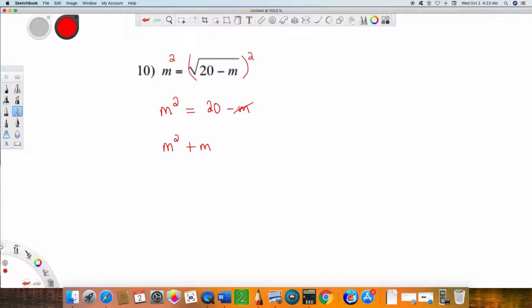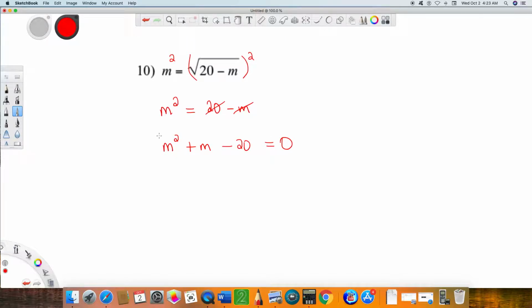And you'll notice that since this m changed sides of the equation, it changed signs. It was a minus m, and now it's plus m. With the 20, I'm going to subtract 20 to cancel that term, and to balance the equation, I'll subtract 20. And notice that the term changed sign. If it changes sides, it changes sign.